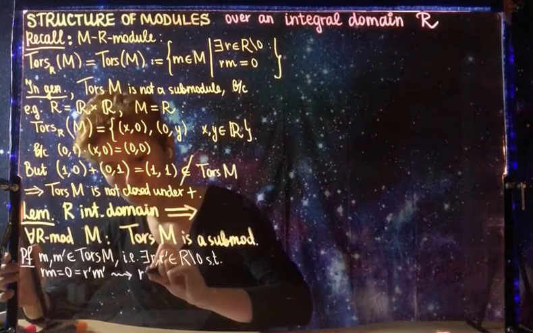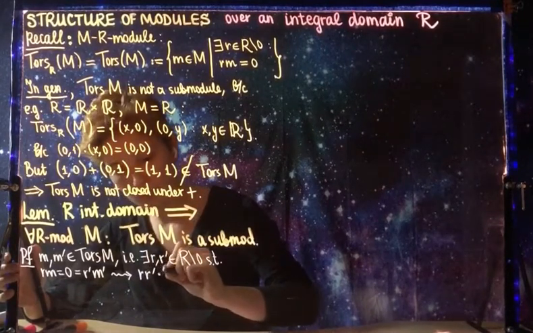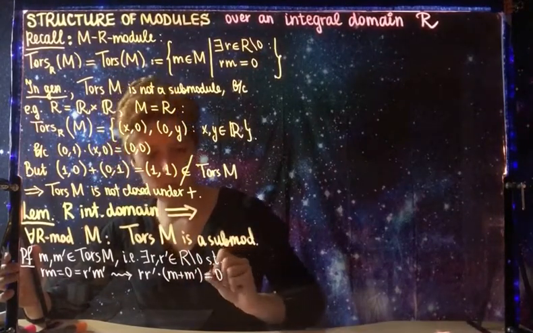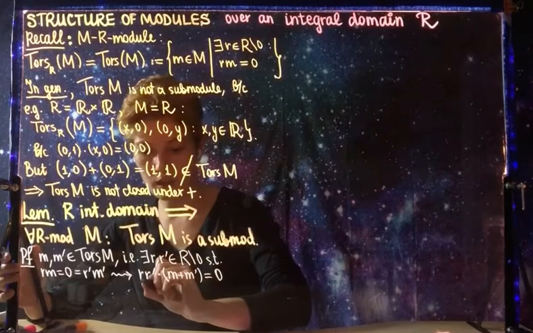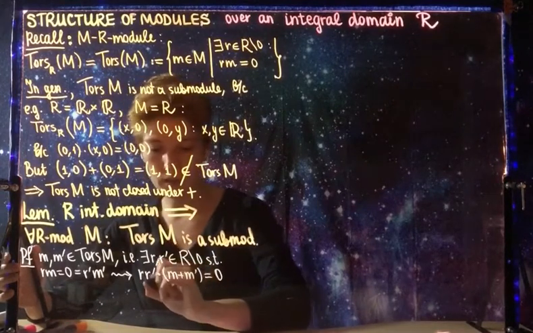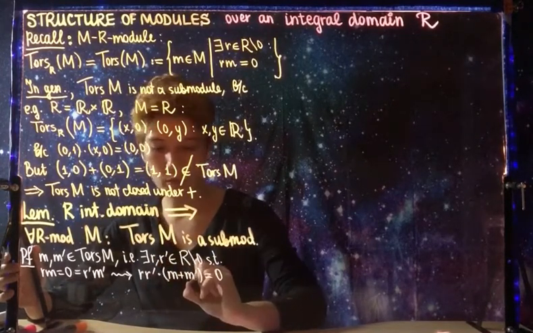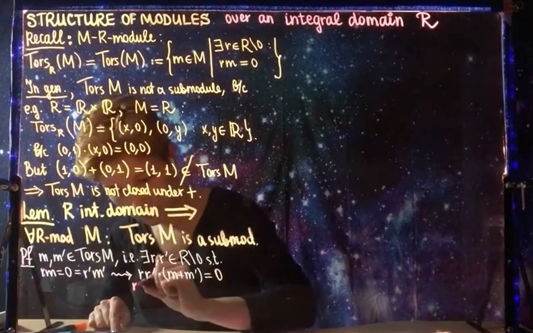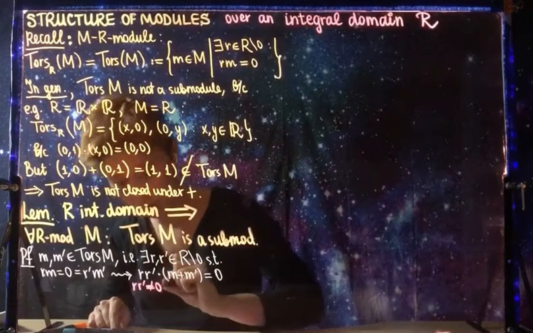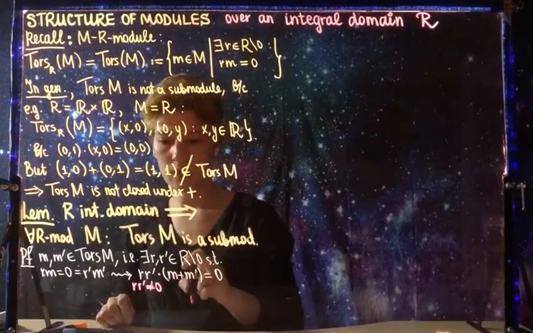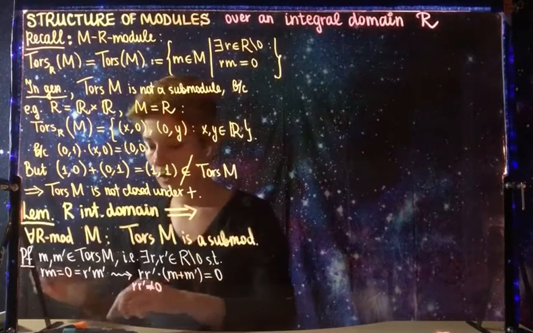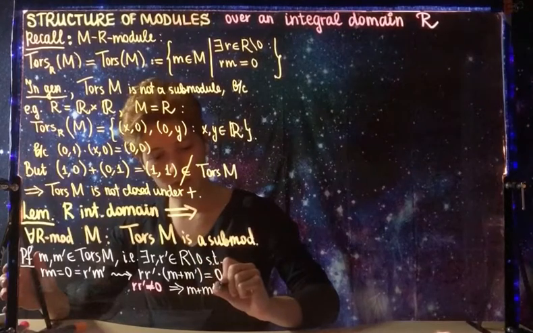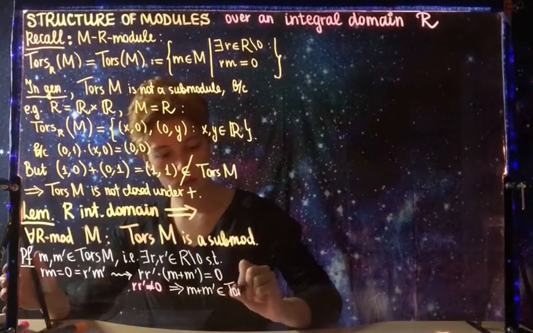But then r times r prime times (m plus m prime) is also equal to 0, because r in this product kills the first summand and r prime kills the second summand, and r times r prime is not equal to 0, because R is an integral domain. And therefore, m plus m prime is also a torsion element.